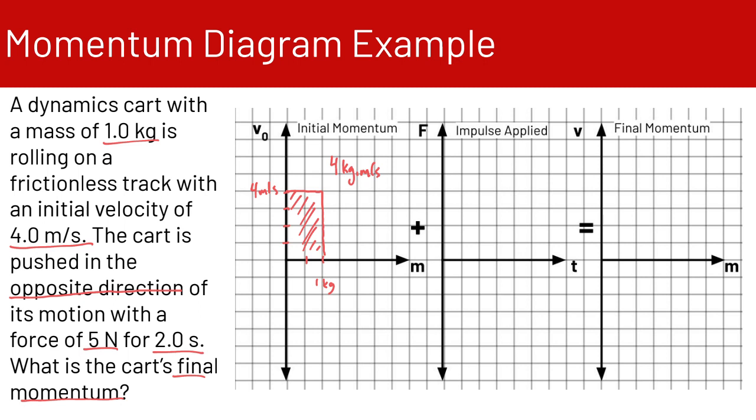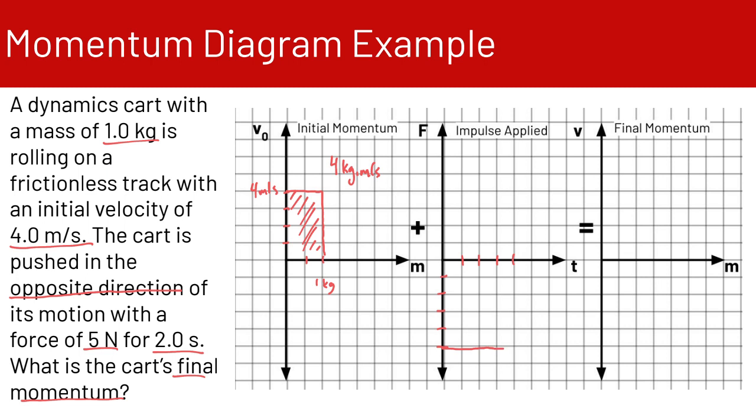Then we have 5 newtons for 2 seconds. And it's a negative, so it's the opposite direction. So we're going to do a negative 5 newtons for 2 seconds. So we're going to do half a second, 1 second, 1.5 seconds, 2 seconds, and then we're going to go down 5 newtons. So that's 1, 2, 3, 4, 5.